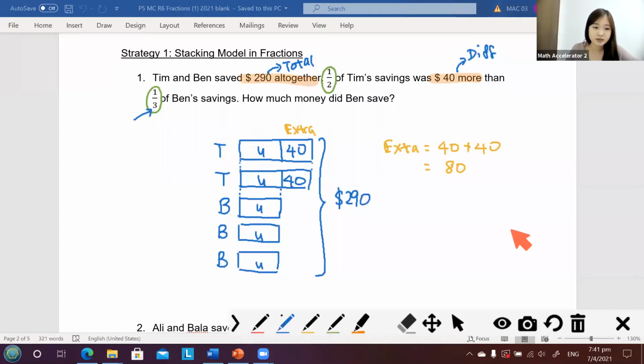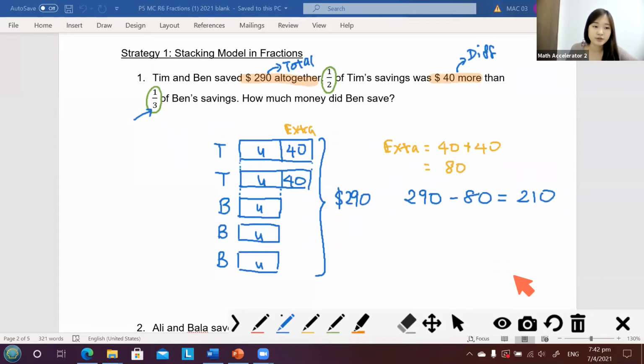Then what do you do next? Yes, minus. Minus what? Correct. 290 minus 80. Remove the extra, we don't want the extra. 210. So your 210 will get you how many units?